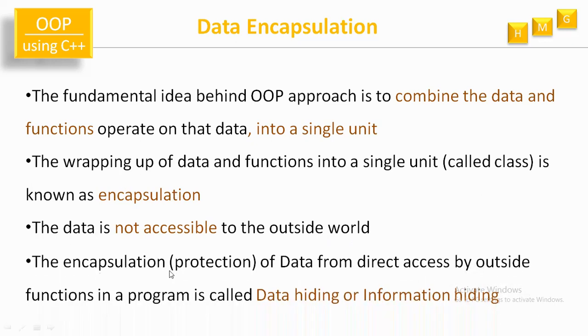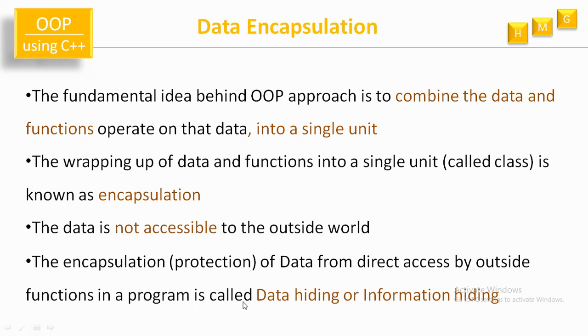Encapsulation means actually the protection of what? The protection of data. Protection of data from what? From access by outside functions in a program. In a program there may be other functions apart from the functions within one object. So this data is protected from outside functions.